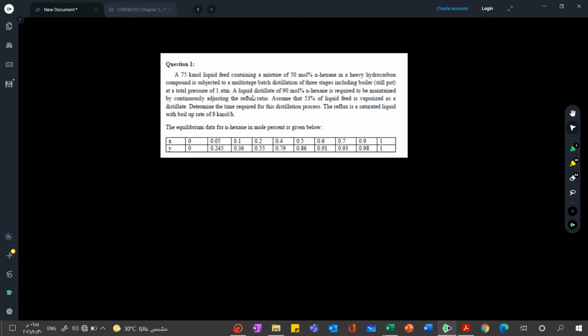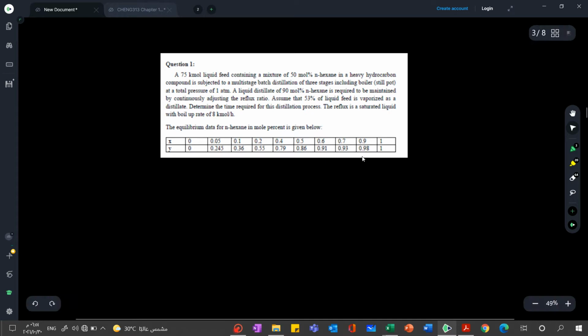The reflux is a saturated liquid with a boil-up rate of 8 kilomole per hour, and the equilibrium data is given in this table in mole percentage. Be sure it's in mole fraction, not mass fraction. Otherwise, you must convert it to mole fraction.